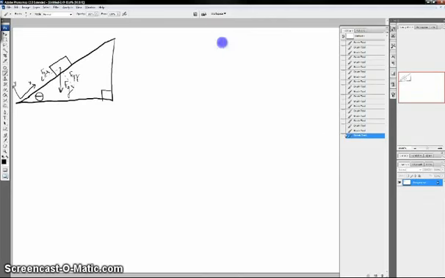I'm going to start by drawing the triangle that represents our incline. So it's right there. Here's theta. That's going to be a right angle. The next thing that I'm going to do is draw the force of gravity vector, and I'm going to start it here on the incline and just go down like this.